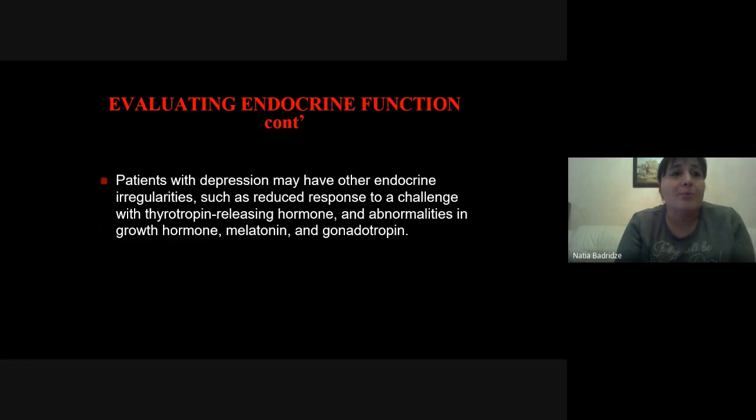Because we know that depression itself is irregularities in some specific neurotransmitters, and if one neurochemical is changing and we have abnormal levels of one neurochemical, it also affects different systems, and different abnormalities occur during depression. So these endocrine irregularities also might occur during depression: abnormalities in growth hormone, melatonin, and gonadotropin.